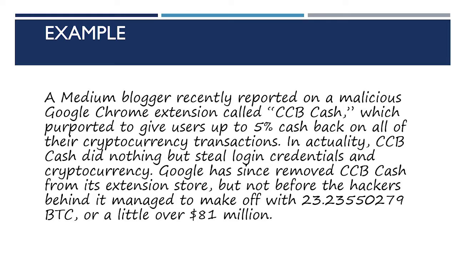In actuality, CCB Cache did nothing but steal login credentials and cryptocurrency. Google has since removed CCB Cache from its extension store, but not before the hacker behind it managed to make off with a little over 81 million.